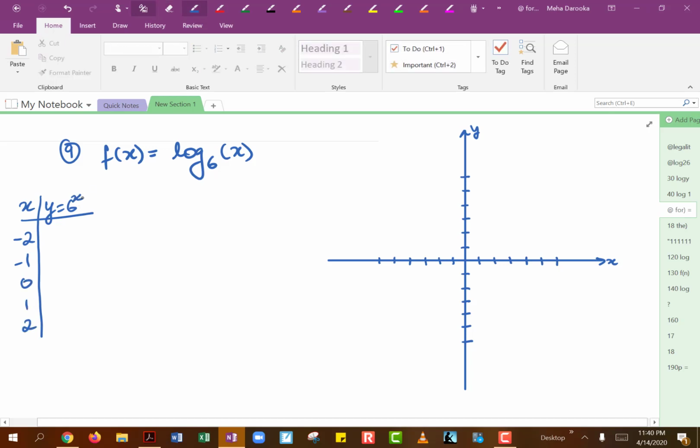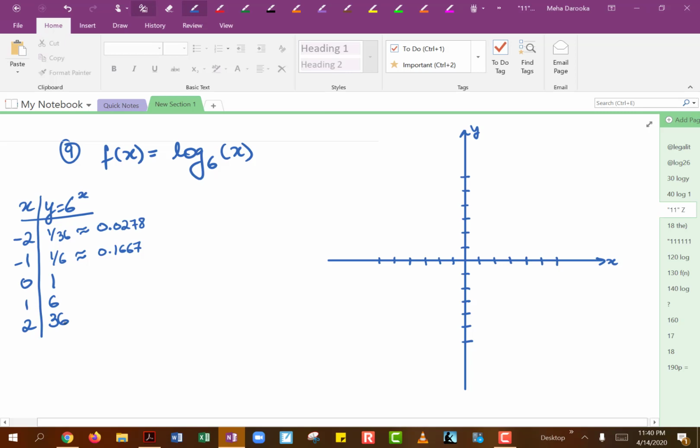Okay, so 6 raised to the power of -2 will actually end up giving you 1 over 36, which will be approximately 0.0278. 6 raised to the power of -1 will become 1 over 6, which will be approximately 0.1667. 6 raised to the power of 0 will of course become 1. 6 raised to the power of 1 is 6. 6 raised to the power of 2 is 36. So this will be our table for the exponential function.